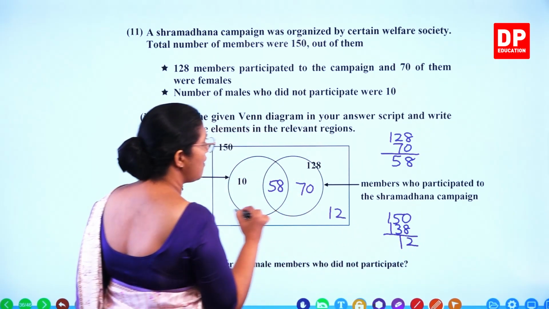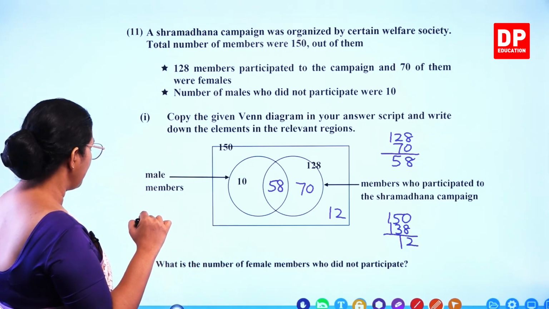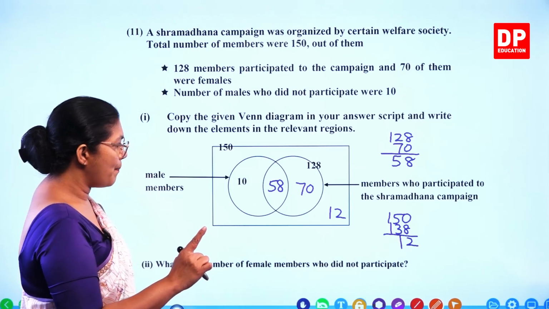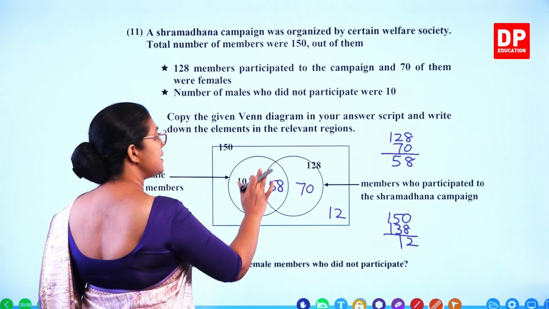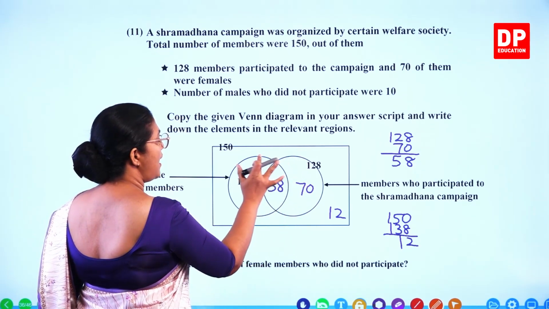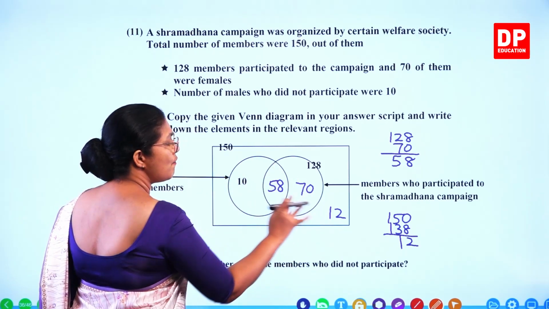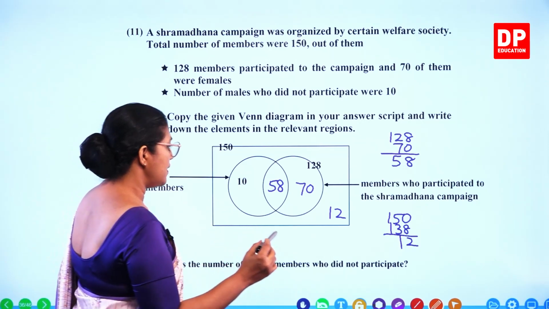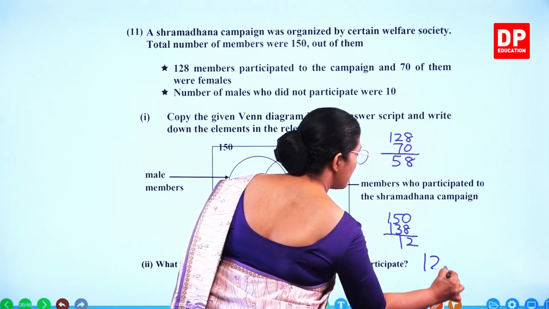So that means 12 outside the two circles. Then they ask, what is the number of female members who did not participate? So outside this circle and outside this one. So those are females, not participated. So 12 is the answer.